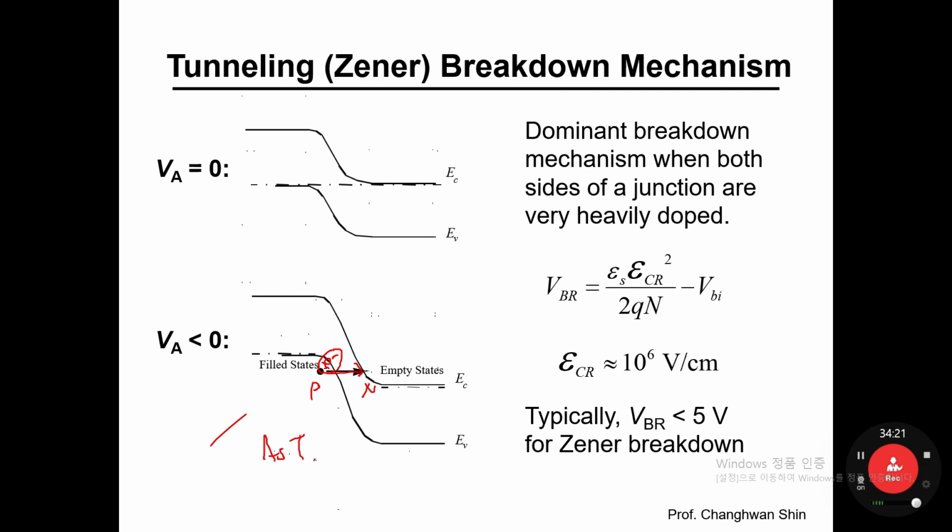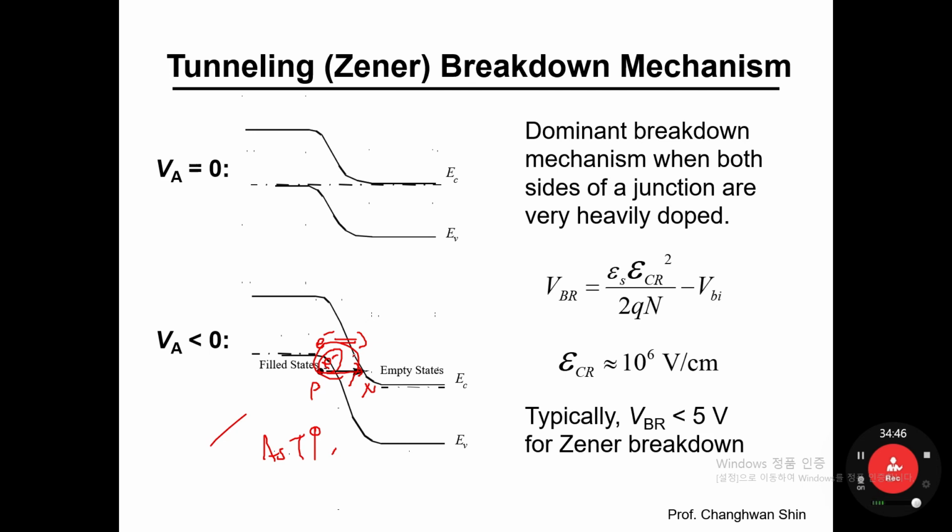As temperature increases, does this tunneling rate, the number of electrons tunneling through from P to N every single second, increase or decrease? Intuitively speaking, more electrons would go toward the N side as temperature increases. That's true.